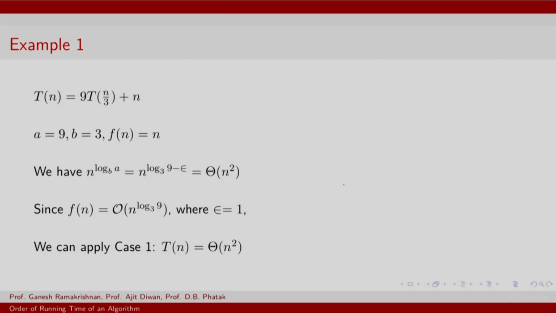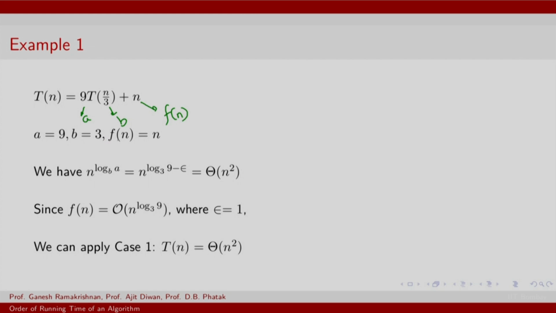And here are some examples. So T(n) is 9 times T(n/3), here a is 9 and b is 3. There is also f(n), which is n.